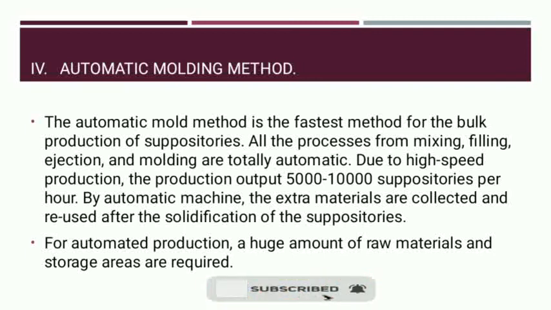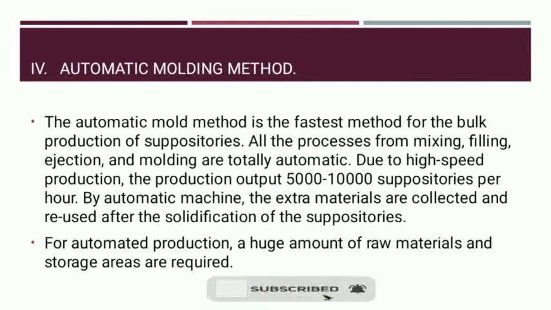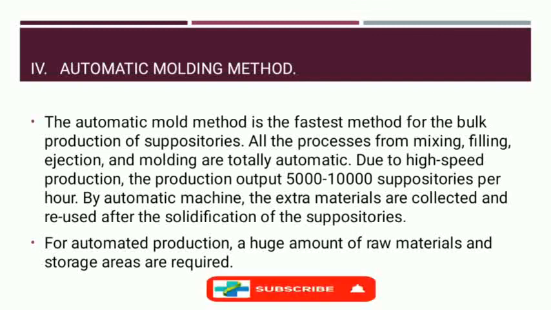By the automatic machine, the extra material is collected and reused after the solidification of the suppositories. Remember students, the automatic production is comparatively very fast in comparison to the other methods we have seen. However, a huge amount of raw materials is needed, and therefore a special storage area is required for storing such raw materials.